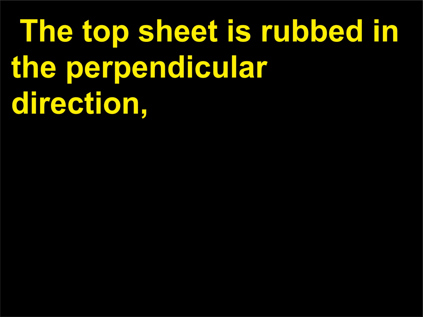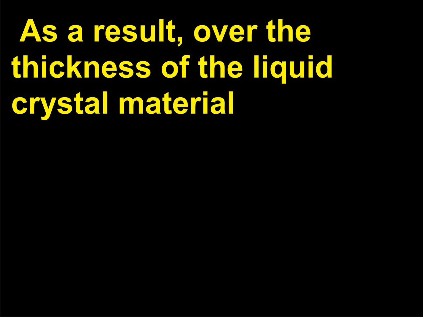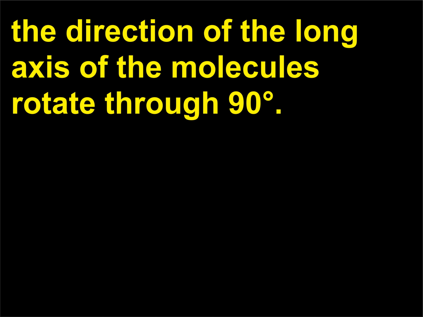The top sheet is rubbed in the perpendicular direction, aligning the molecules touching it in that direction. As a result, over the thickness of the liquid crystal material, the direction of the long axis of the molecules rotates through 90 degrees.